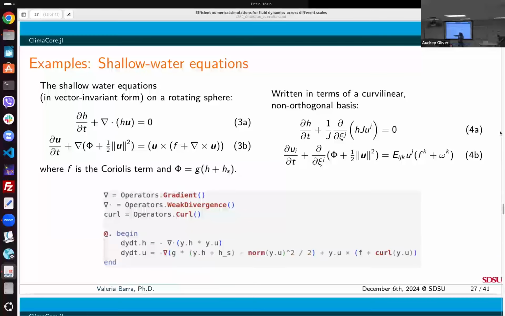You can really read the code like reading the math. The second equation is dy dt for u, equal to everything on the right-hand side: negative gradient of g times this term minus the norm of u squared, and then the Coriolis term. So it's really user-friendly and intuitive.